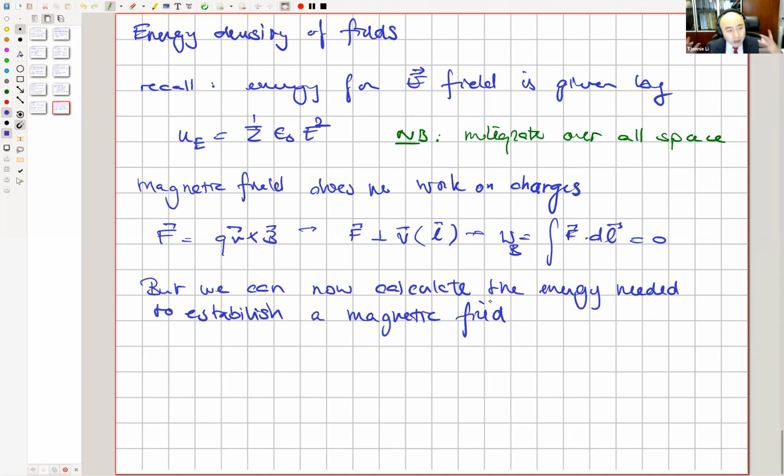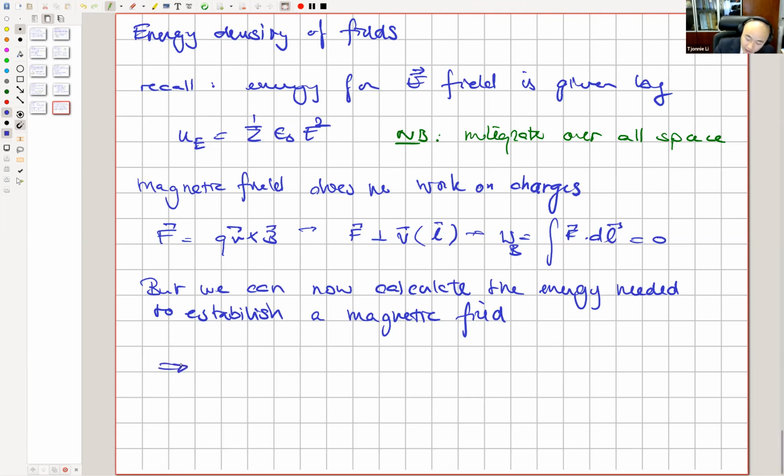So how much energy does it take to establish a particular magnetic field? I could get some currents going, and then I can do the consideration there. And that's what we're going to do in the remainder of this lecture.